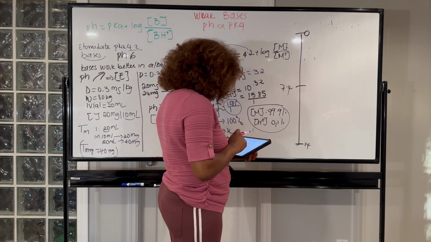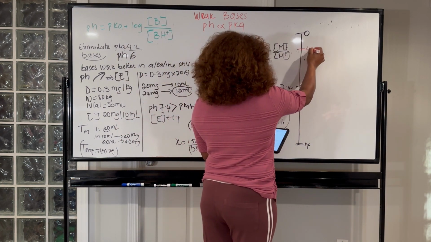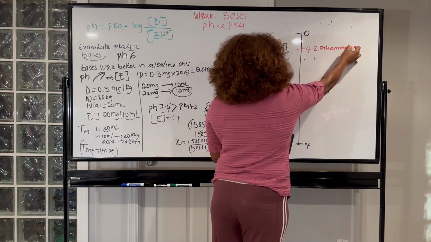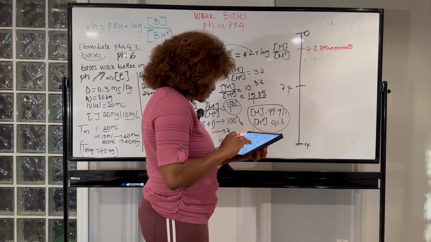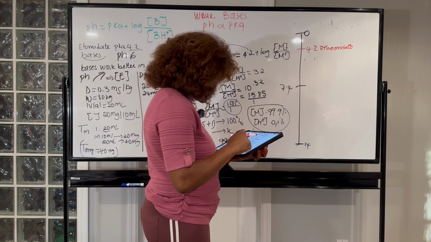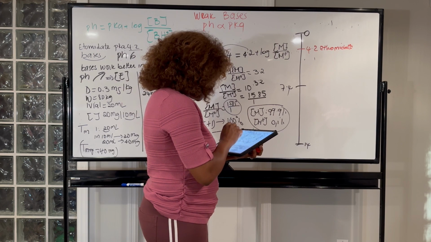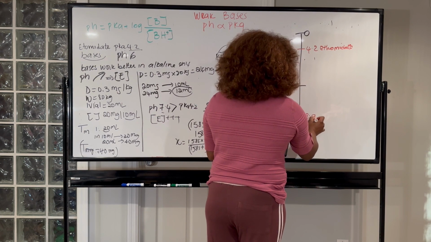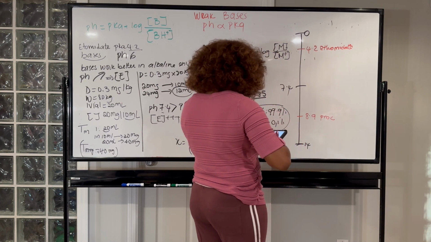So etomidate has a pKa of 4.2, and procainamide, I gotta look back for its pKa. Procaine has a pKa of 8.9.